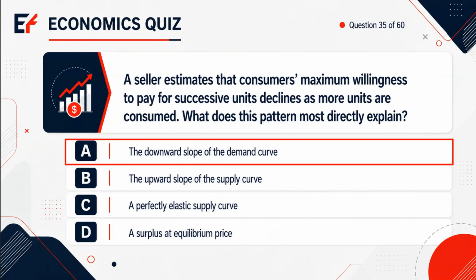Option B is about producer behavior and rising quantity supplied, not consumer willingness to pay. Option C describes supply that responds infinitely at one price, which is unrelated here. Option D is wrong because a surplus occurs when quantity supplied exceeds quantity demanded, not because willingness to pay declines across units. The key idea is that falling marginal willingness to pay supports a downward sloping demand curve.